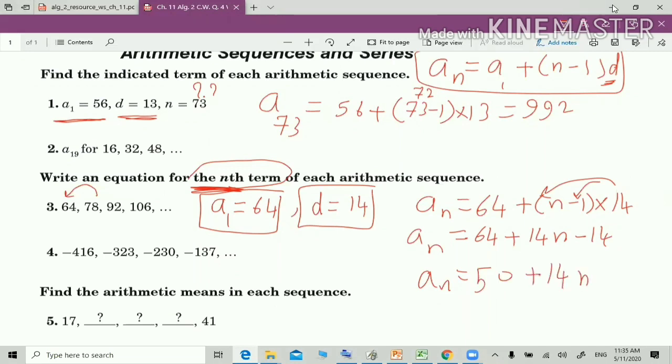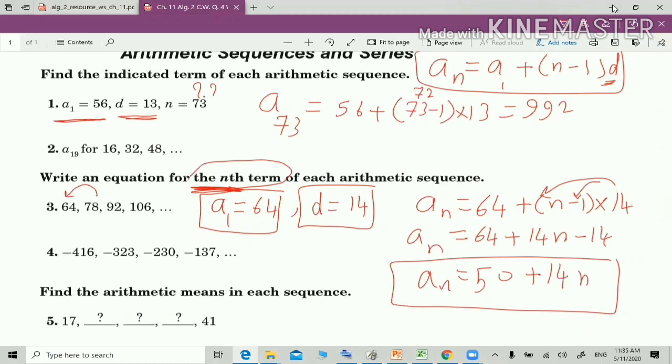That is the nth term. If you would like to find any term, you can substitute here. Okay? This is called the nth term. Right. If you concentrate on that nth term, do you notice anything?